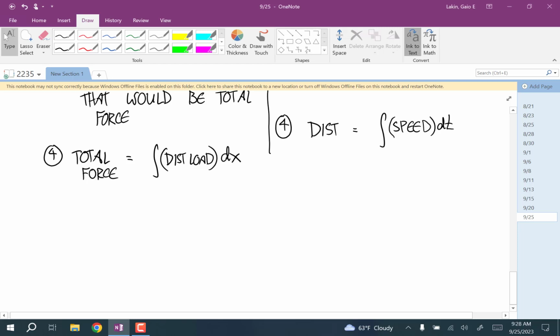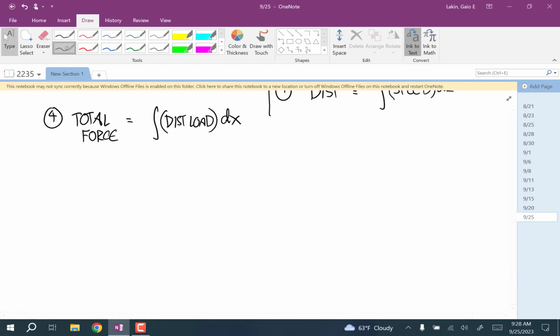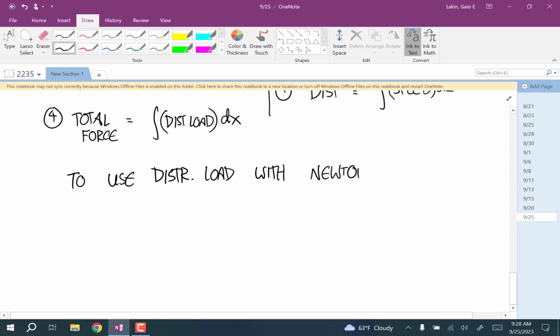So how do you do this? To use distributed loads with Newton's laws, you first are going to replace the distributed load with a point force, but it has to be an equipollent system or you get different answers.